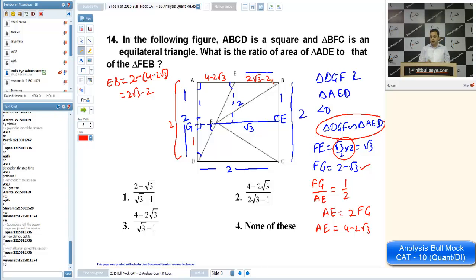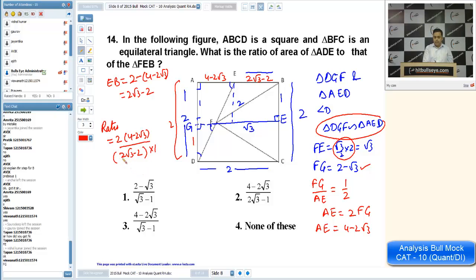Now in both these triangles ADE and FEB, I have the bases as well as the heights. So the ratio of the areas: for triangle ADE, the area is half into base into height, 4 minus 2 root 3, divided by, for triangle FEB, the base EB is 2 root 3 minus 2 and the height is 1.